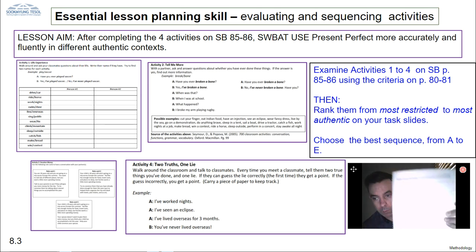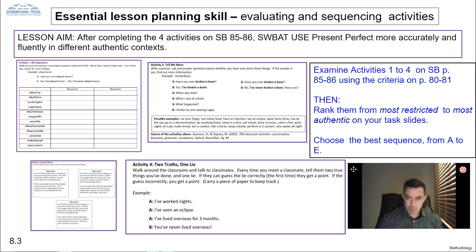activity number one is life experience. You can see it here on this slide, the farthest to the left. So basically what's happening is students are walking around the classroom. Okay, these are all present perfect, right? So they're walking around the classroom and they're asking at least two people these questions using present perfect.